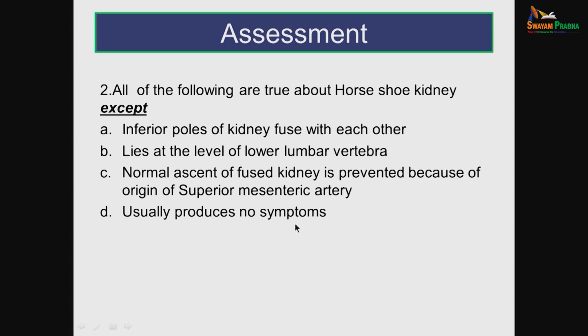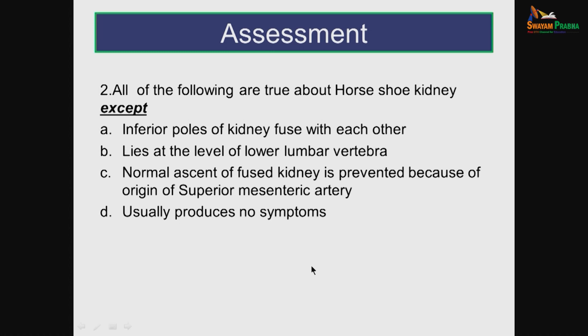Usually horseshoe kidneys do not produce symptoms. So the answer for this MCQ is C. Normal ascent of fused kidney being prevented because of the origin of the superior mesenteric artery is not correct. The correct statement is that it is prevented because of the origin of the inferior mesenteric artery.